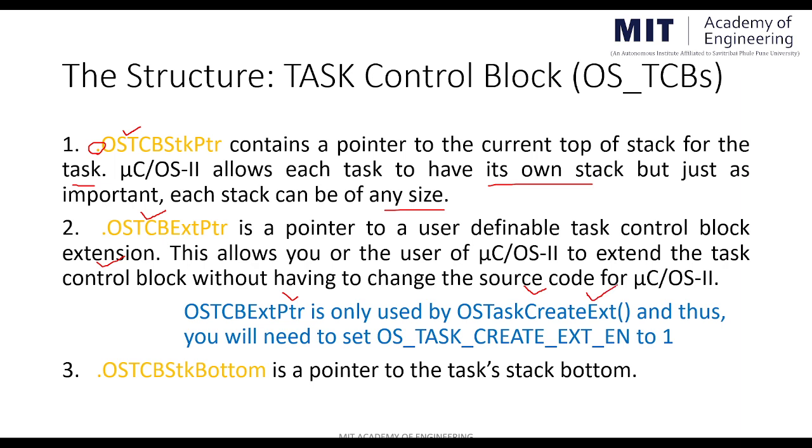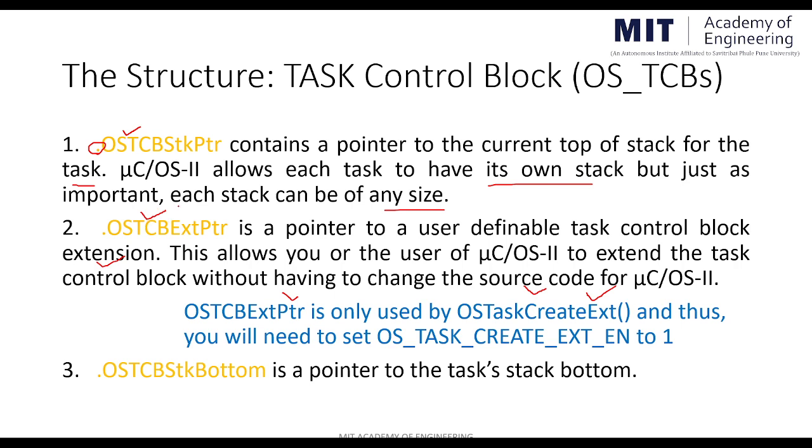In the previous video, we saw the OSTaskCreate function and a comment about OSTaskCreateExt. OSTaskCreate creates our application task, and when we have to extend it, we need not change the whole program; we just give an extension to the created task, and for that we need to create the extension for the TCB also.